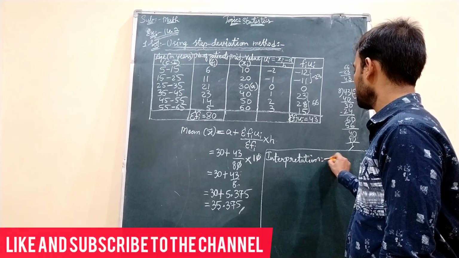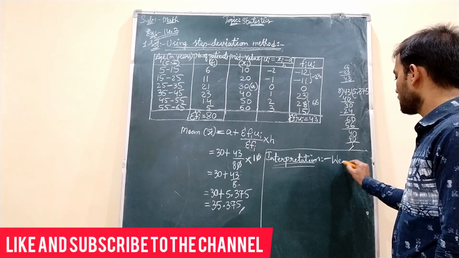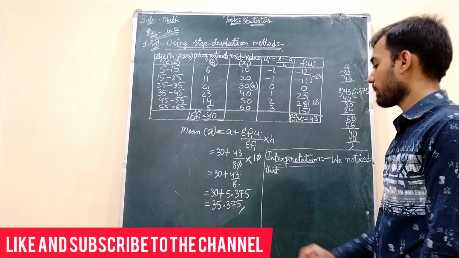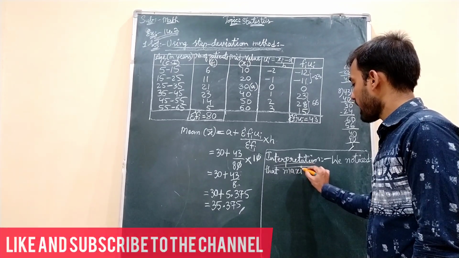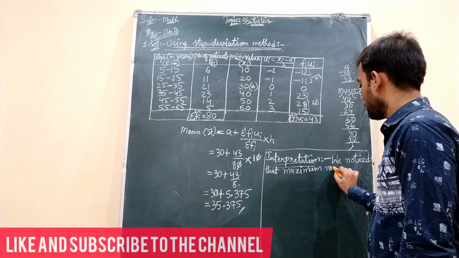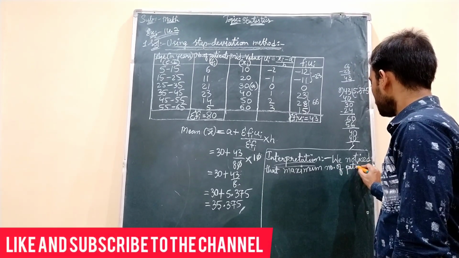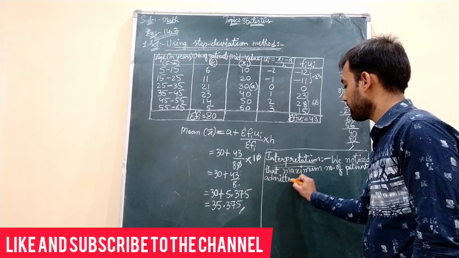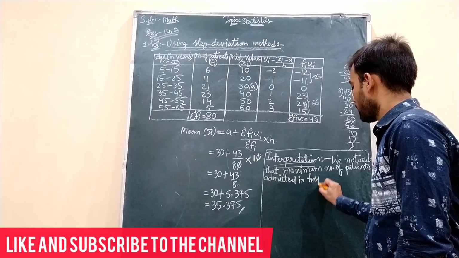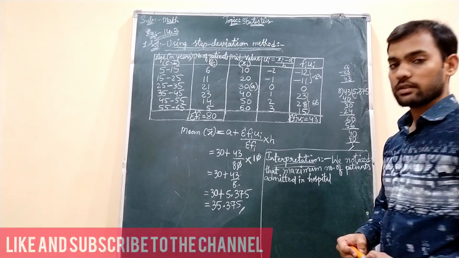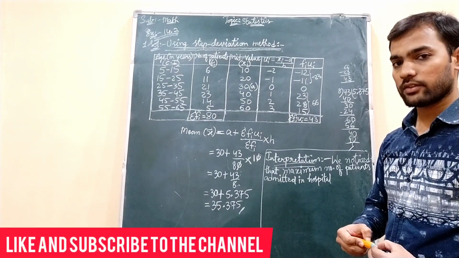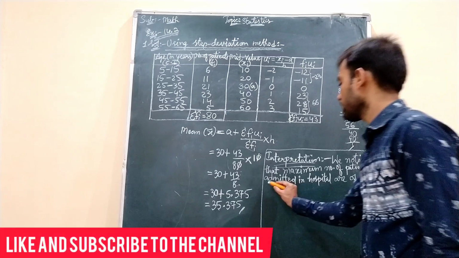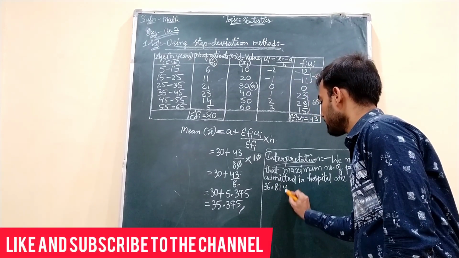Interpretation. We noticed that maximum number of patients admitted in hospital, which is nothing but mode, maximum number of patients that have been admitted in hospital are of 36.81 years.